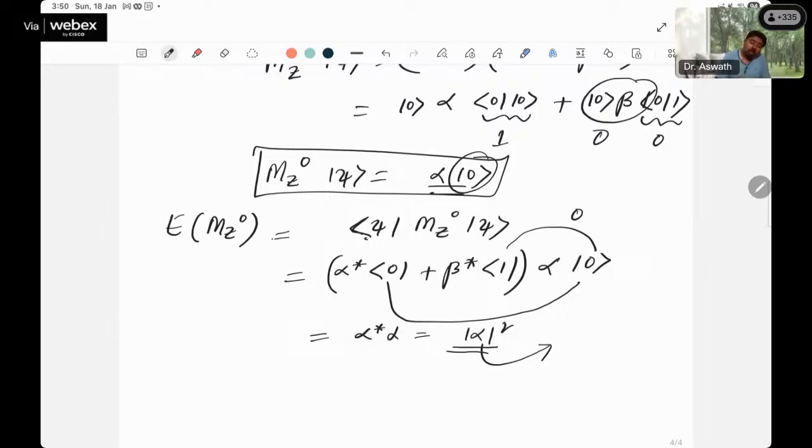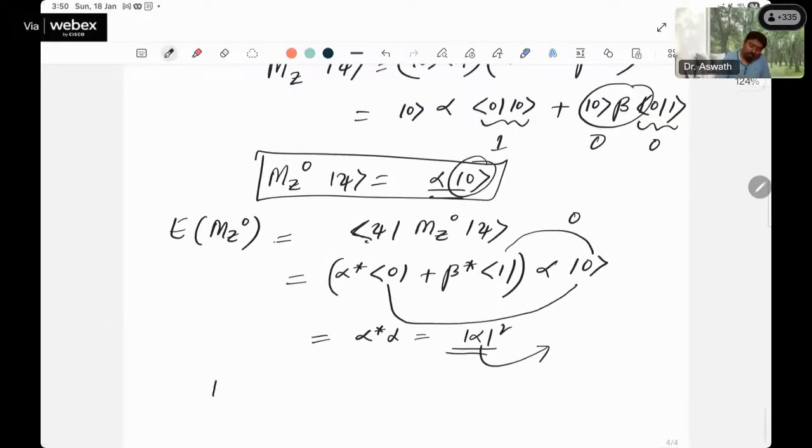So if somebody asks what the resultant output is when I make a measurement, it is simply the measurement operator acting on the quantum state, divided by the scaling, the scaled version. This is the output.